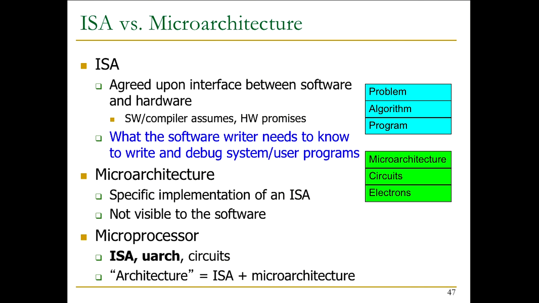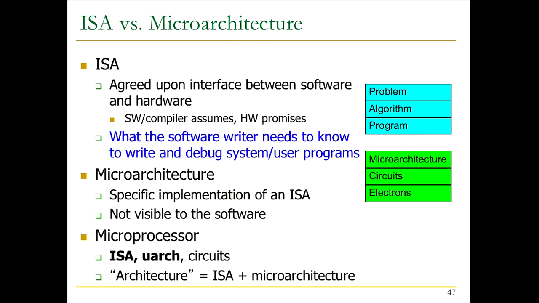In other words, if you're ever faced with the question, should this be part of the ISA or is this part of the ISA, you should always take the litmus test, which is: is this what the software or some software writer should know to write and debug system or user programs or write a compiler? Right? You can always answer whether something is part of the ISA by answering that question.